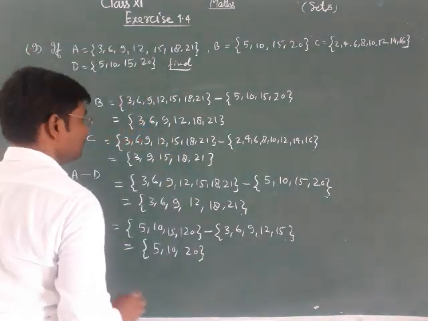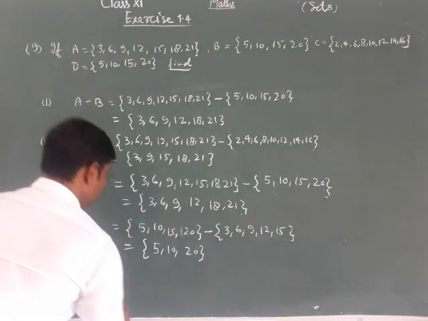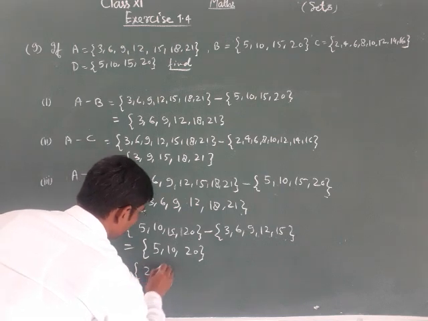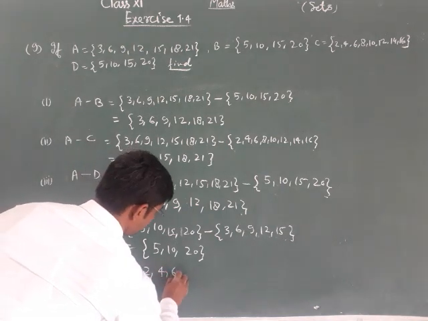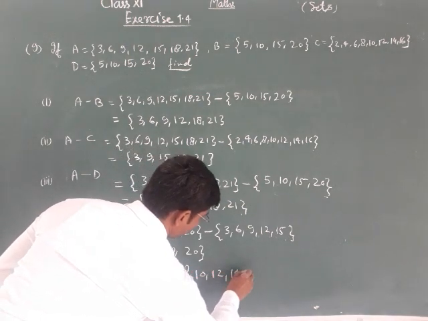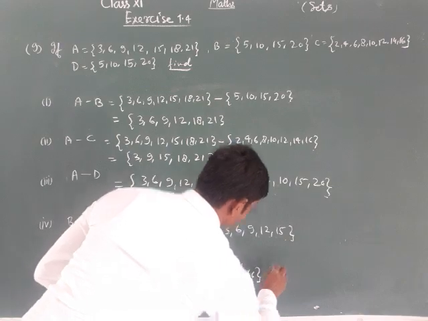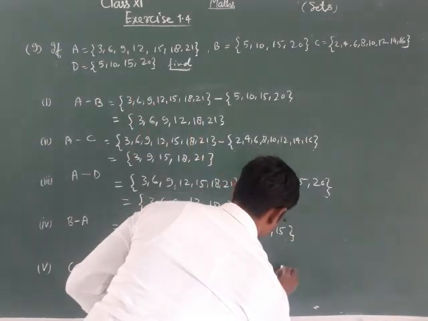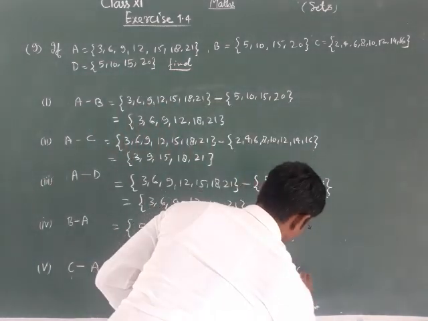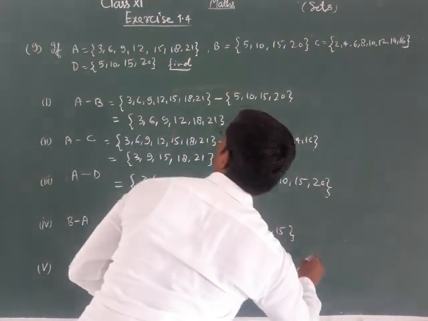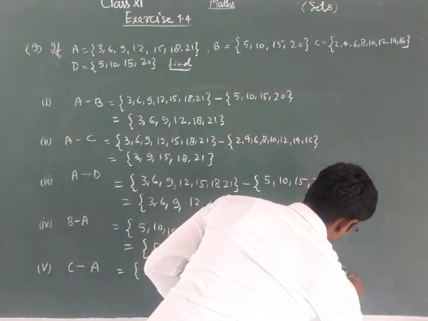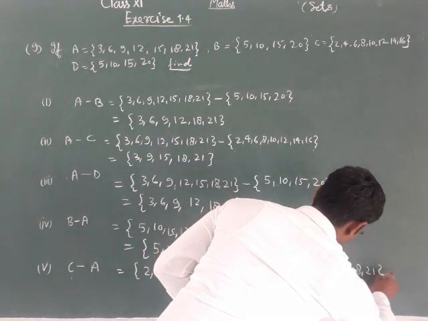And C minus A. C has elements 2, 4, 6, 8, 10, 12, 14, 16 and A has 3, 6, 9, 12, 15, 18, 21.